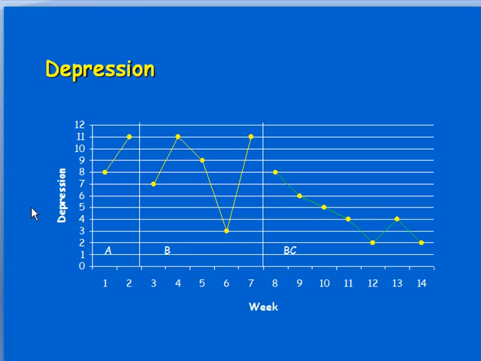Here we're using a Beck depression inventory, which I believe ranges from 0 to 16, and we utilize this inventory every week, so we're collecting data every week. The letter A stands for baseline, and any letters B through Z stand for intervention.